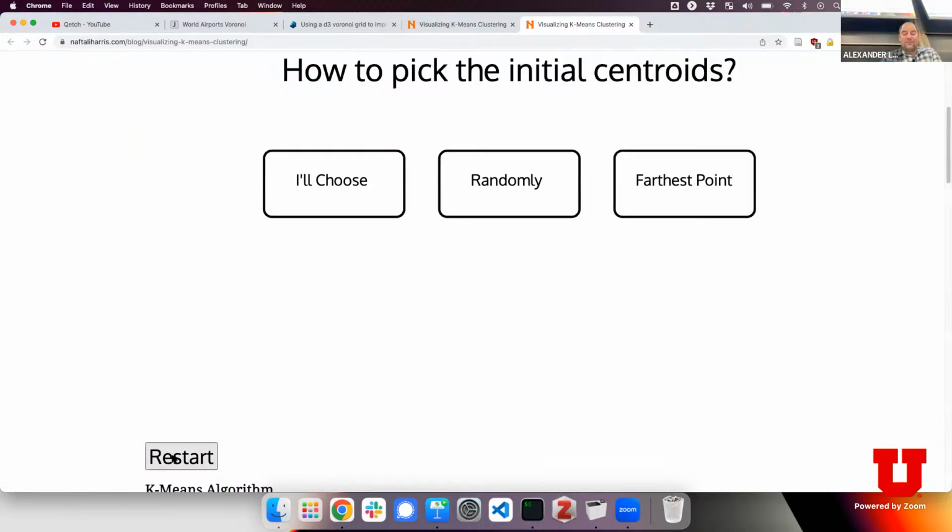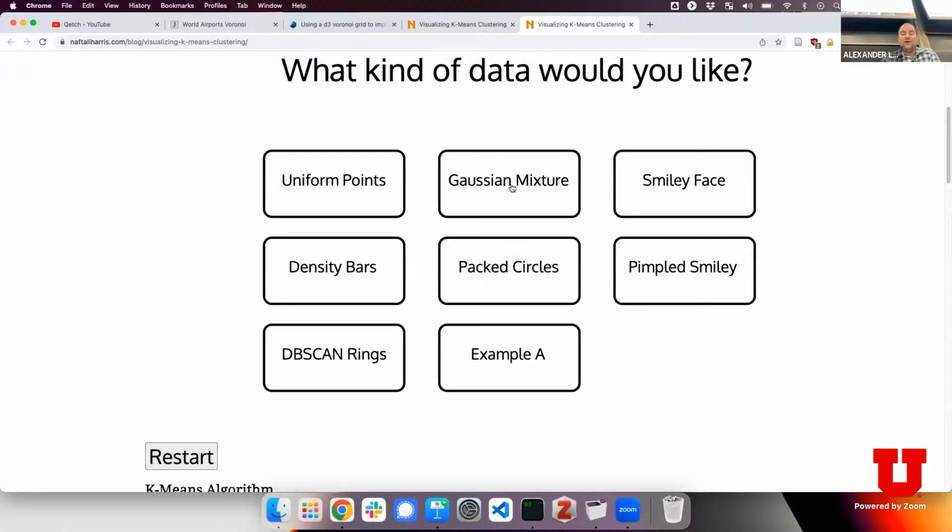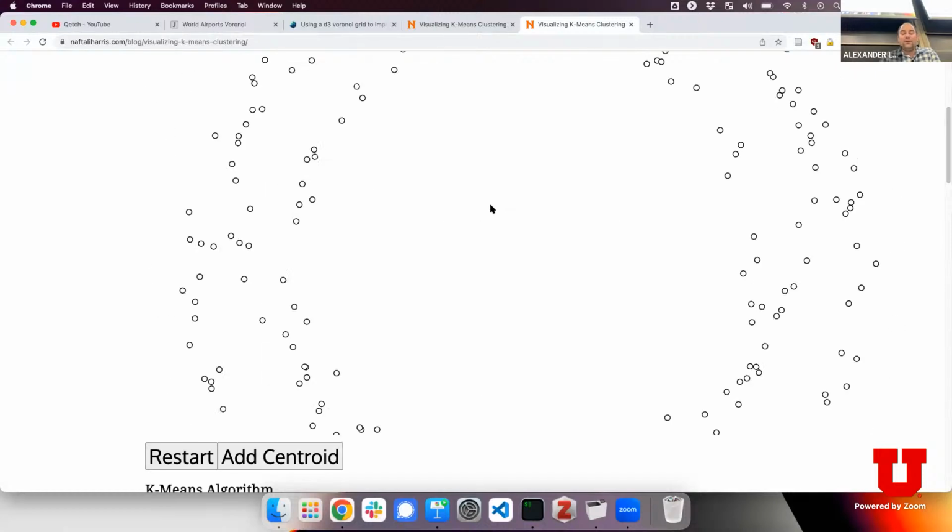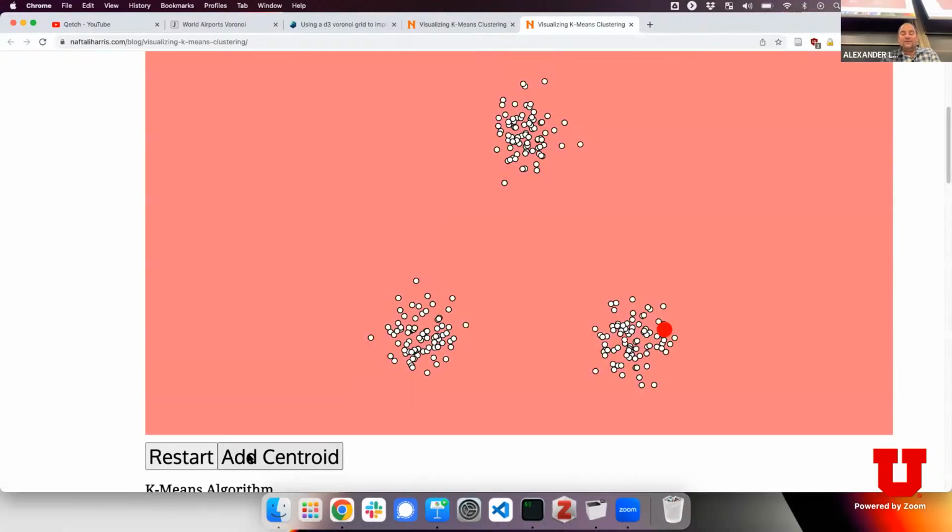For example, you could use a farthest point method, right? So I could add a centroid, and the first point I pick is random, but then I pick the farthest point from this, calculating the distance here, and now this is going to be great. And now I pick the farthest point from the mean point between those 2 points, right?